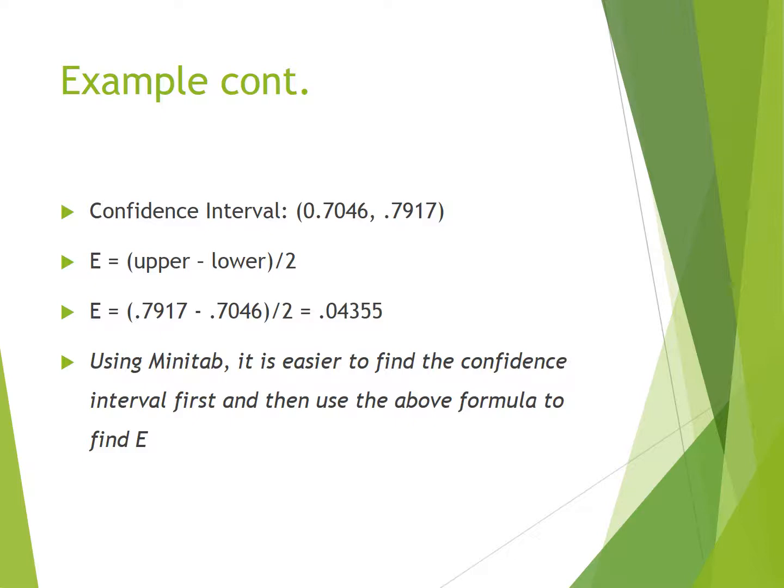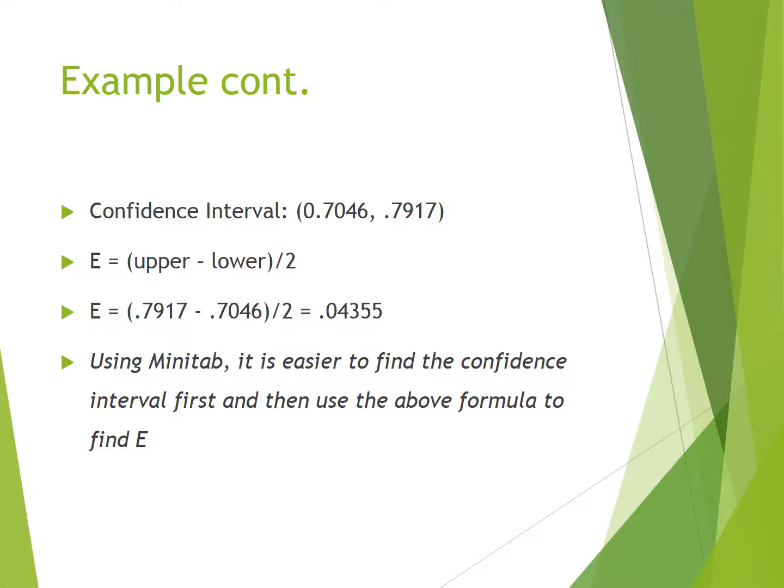So my margin of error is 0.04355, and my confidence interval is 0.7046 to 0.7917. What that's saying is I'm 95% confident that the true population proportion of yeses to whatever question I ask those 400 people is somewhere between 70.46% and 79.17%.